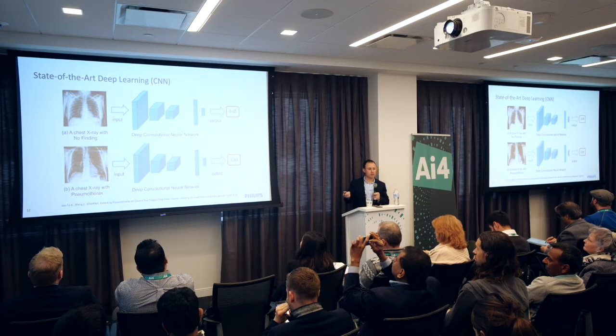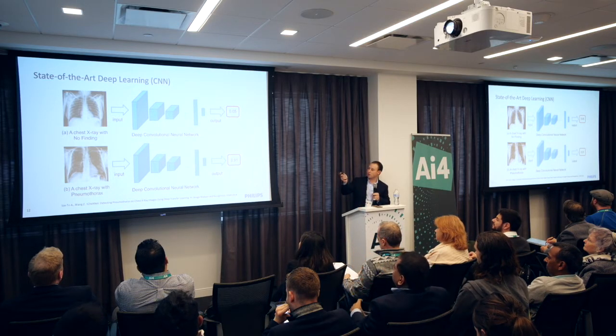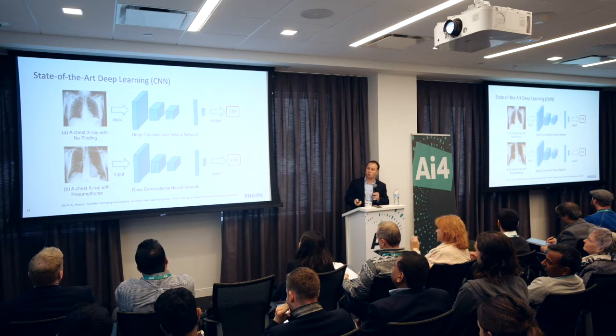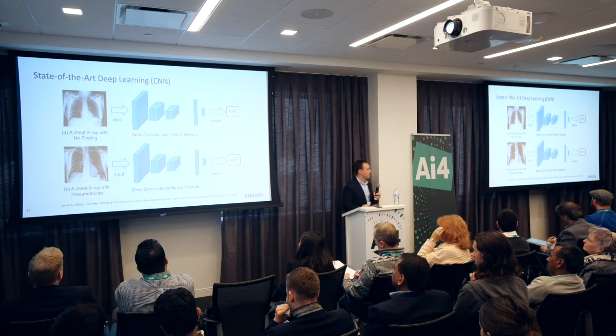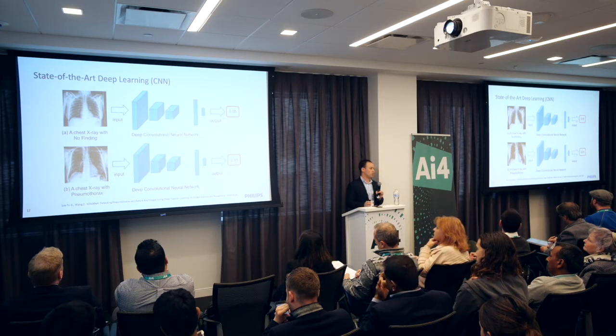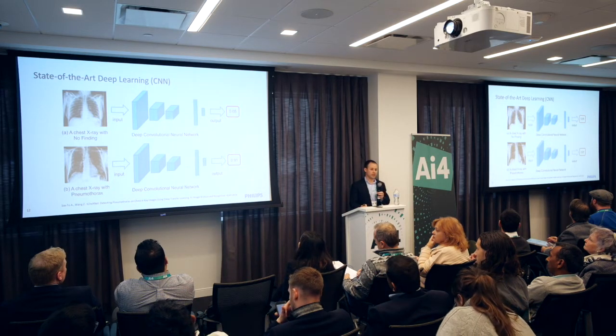And so the output is a score, a probability of having pneumothorax. So in the first part, we see a 0.05, so that's a very low probability of having pneumothorax. In the second case, we see a 0.91, so that's a very high indication of pneumothorax. But that's it. So the CNNs are actually quite good at doing this task.